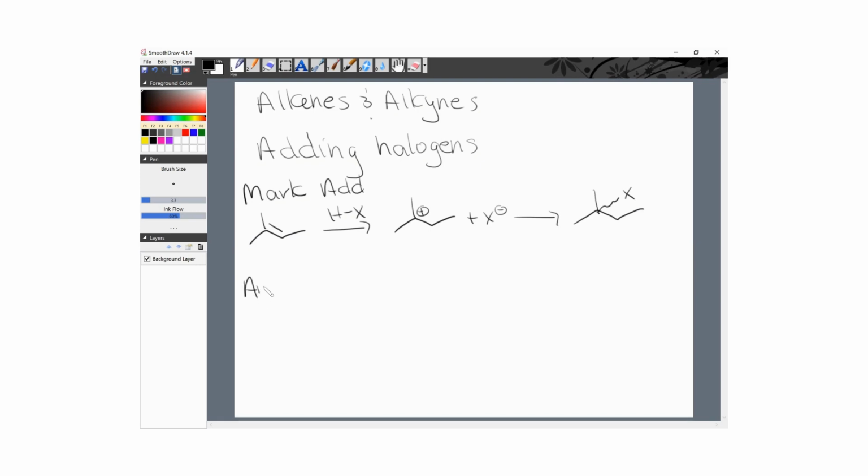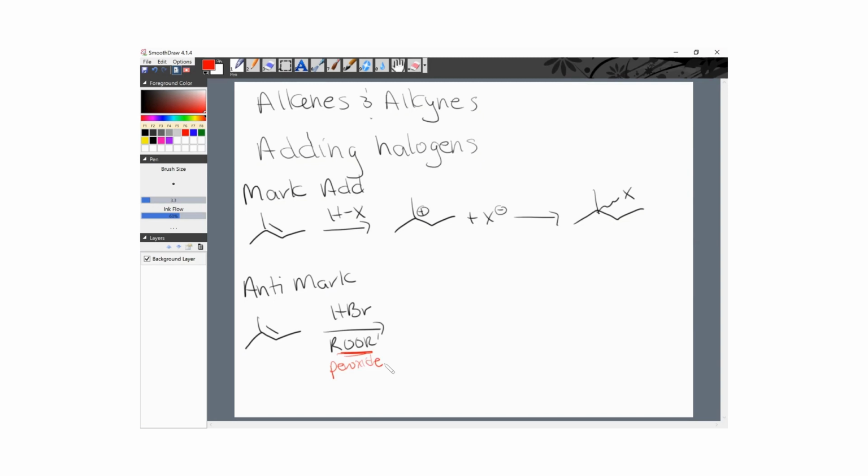If you want the anti-Markovnikov, you better not go through a carbocation. We're going to use a radical. And the way you're going to recognize it as a radical is right here. Okay, that's a peroxide or a radical initiator.